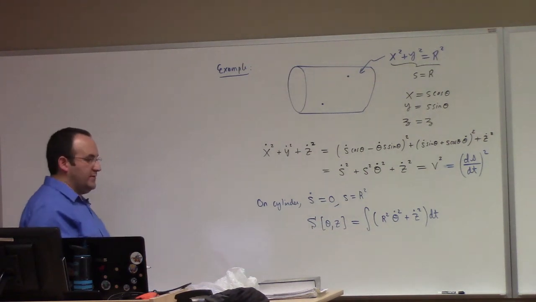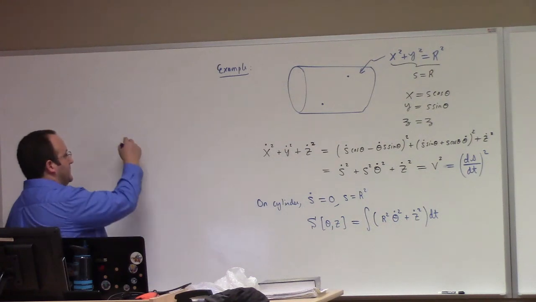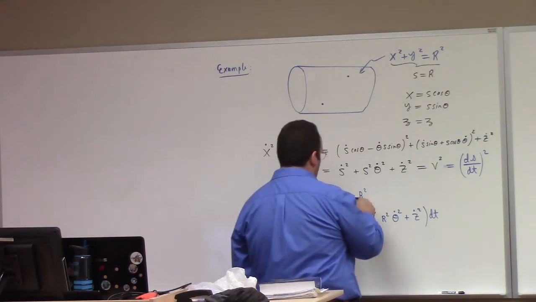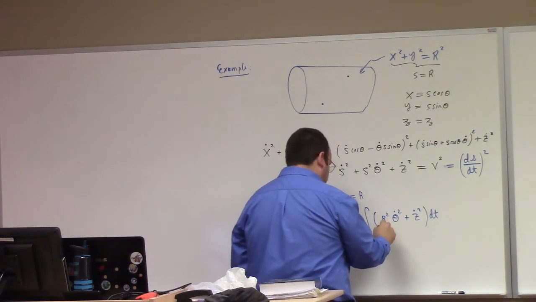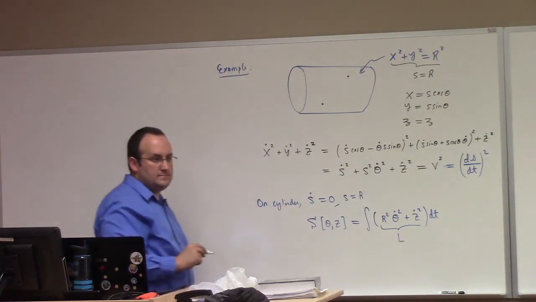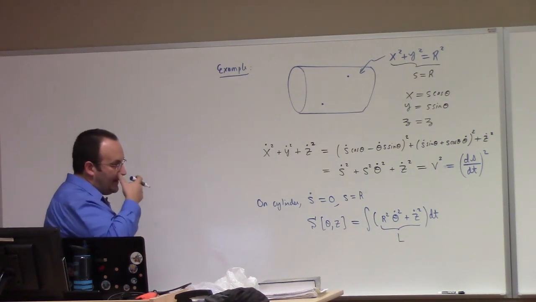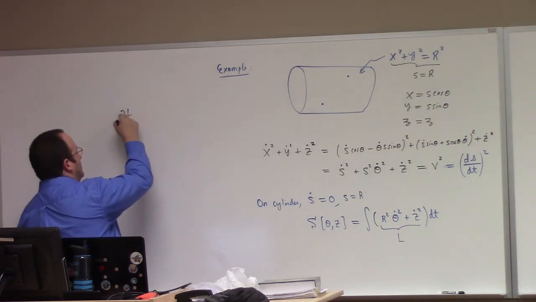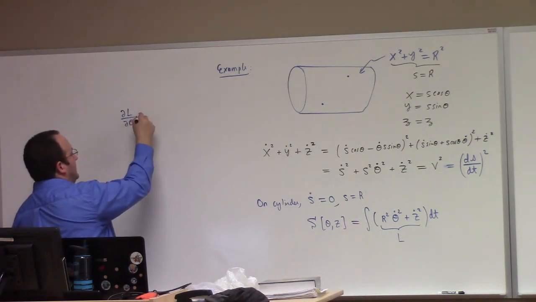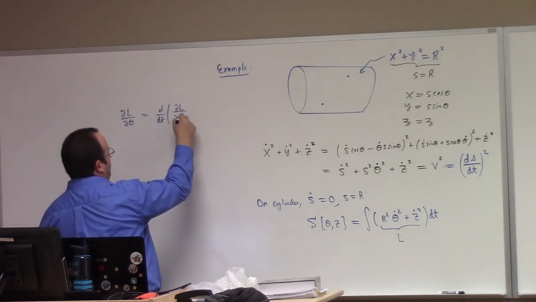Okay, so what are the Euler-Lagrange equations for this functional then? If I think of this thing as being my Lagrangian, right, then I want partial L partial theta to be d dt of partial L partial theta dot.